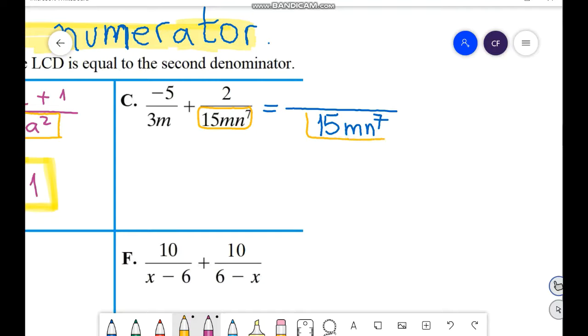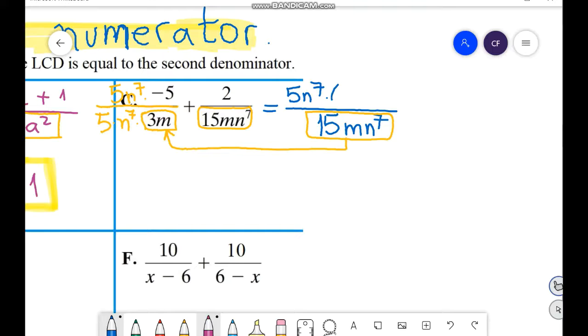Divide the least common denominator by the old one, 3m, and we will have 5 times n7. 5 times n7, 5 and 7. Okay, you're gonna multiply on the top and on the bottom. And here 5 and 7 times -5 plus what? Plus 2.